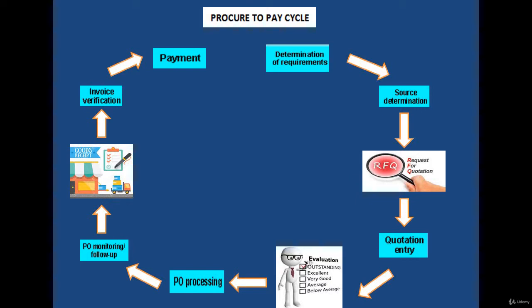And finally, the vendor gets the payment for the supply of the material. So this is how the cycle forms in the procure to pay cycle. It starts from determination of requirements and ends with vendor payment.